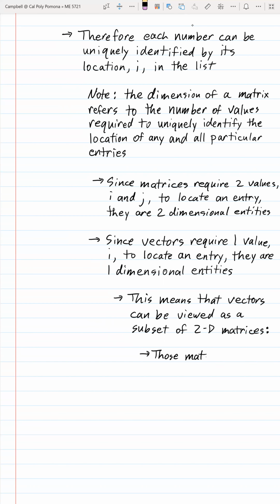Let's just say those matrices that have only one dimension.